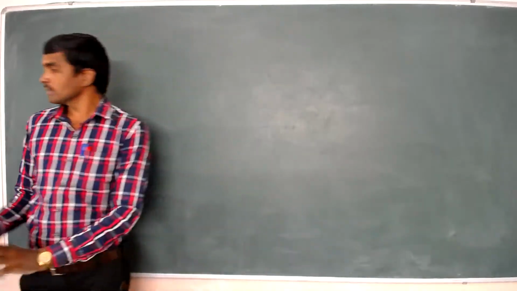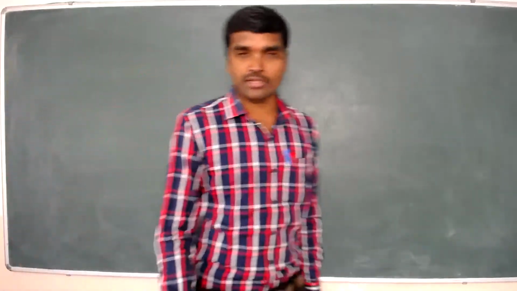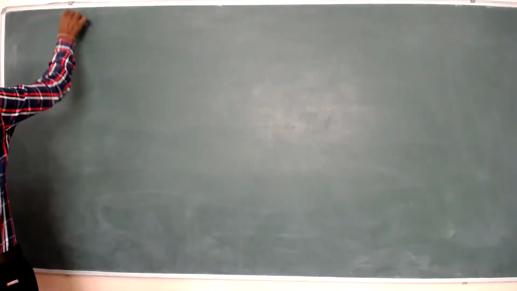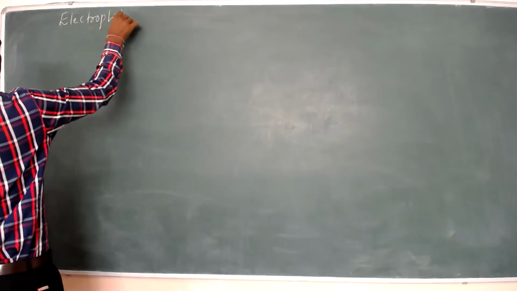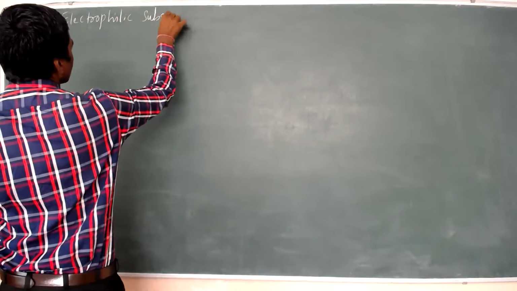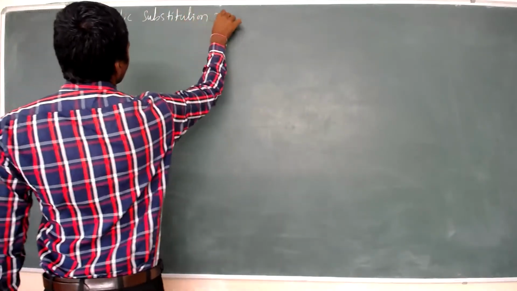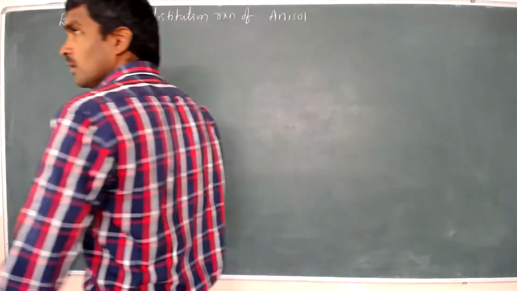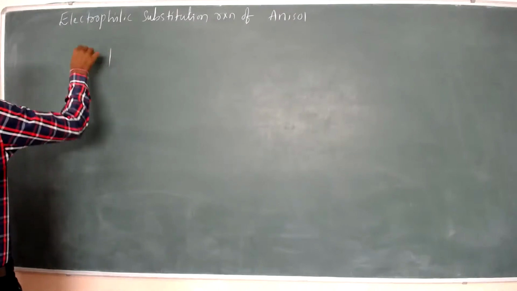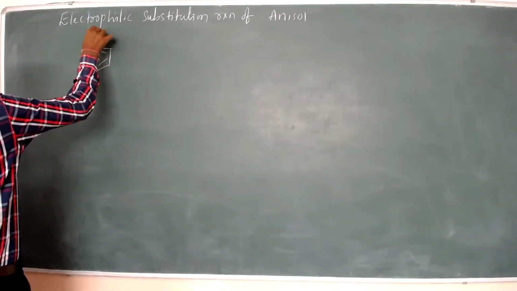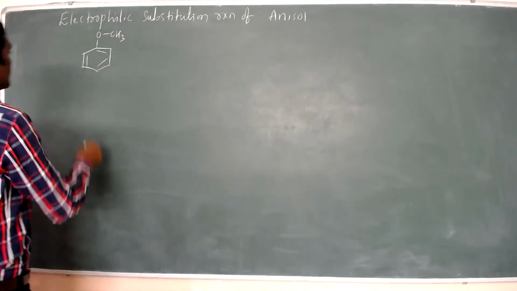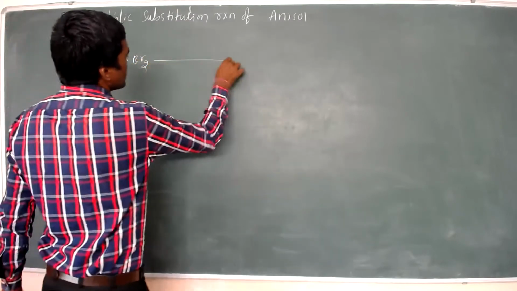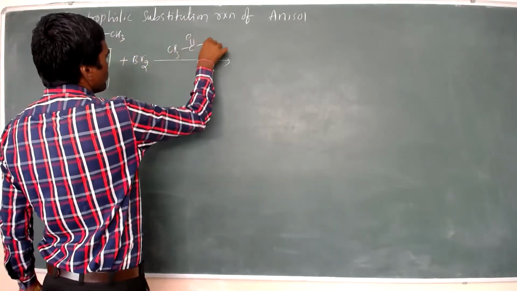Now we'll see some electrophilic substitution reactions of aromatic ethers, or anisole. Electrophilic substitution reaction of anisole. Okay. Now see, here I am going to take anisole, benzene with OCH3. This is anisole. Anisole reacts with Br2 in the presence of a protic solvent like CH3COOH.